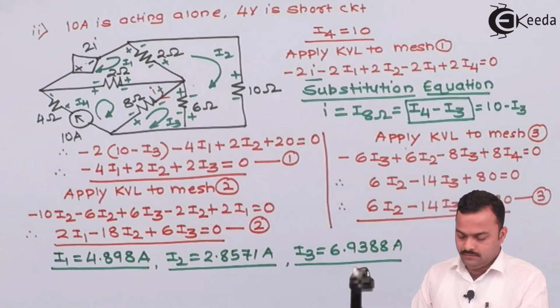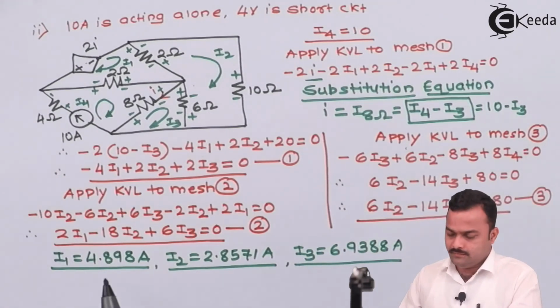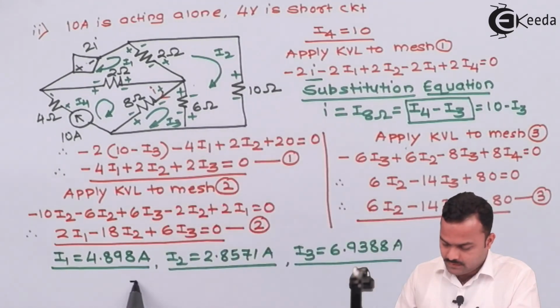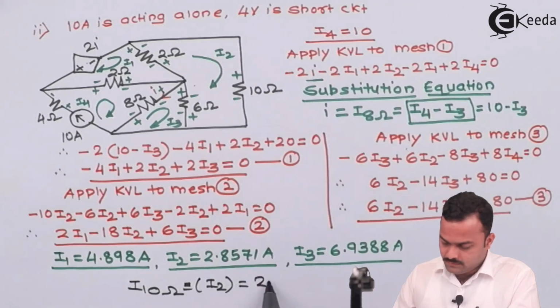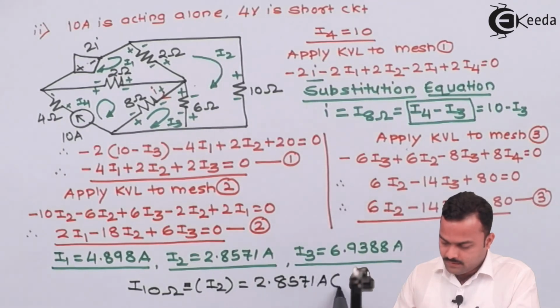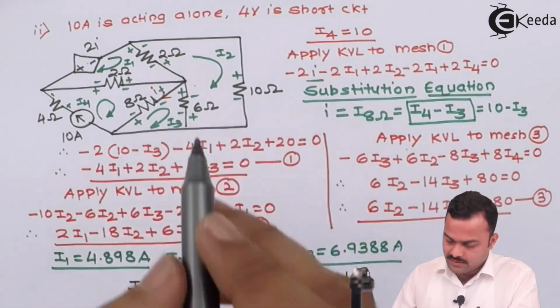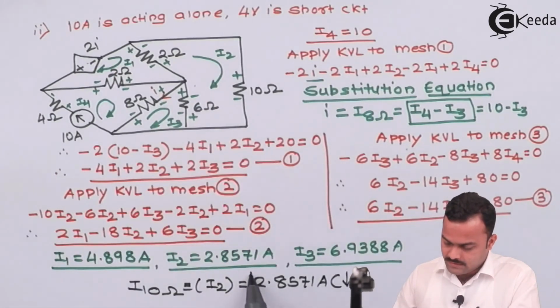What we want? We want a current flowing through 10 ohm, which is nothing but I2. So current flowing through 10 ohm resistor is nothing but I2, and that is equal to 2.8571 ampere. Direction we mark as downward, so we will keep as it is.